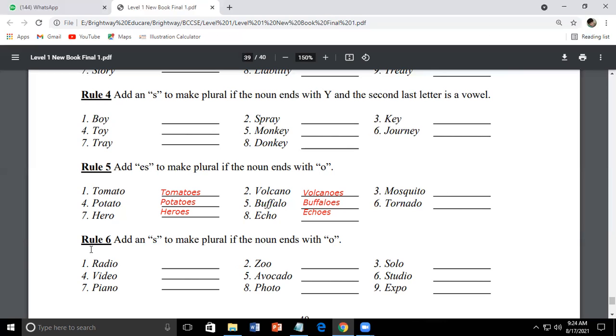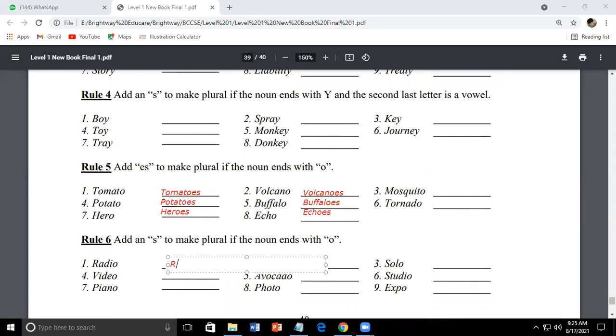While watching this video, if you come up with a solution of how we can identify which word will go with ES and which word will go with S, if both of them are ending with an O, I would really appreciate you mentioning it in the comment section. But as per my experience, there is no such justification. So what is the solution? The solution is to be attentive and remember which words will go with ES and which words will go with S.